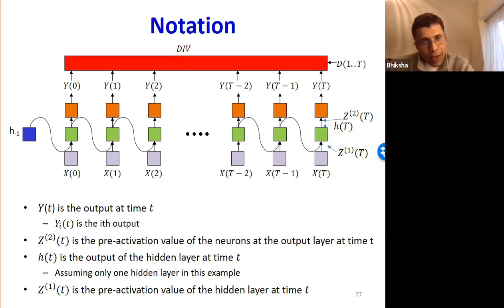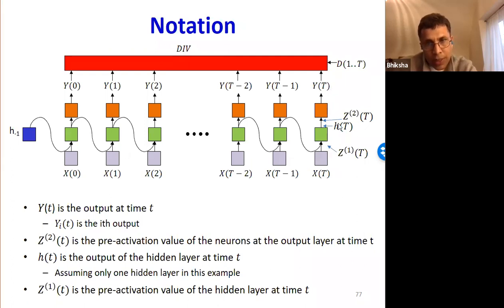At each time, as you perform the computation for each layer, here I'm going to assume just one hidden layer, but this will generalize. You first compute the affine value at the input to the layer. Then you apply the activation and compute the output of the layer. Then you compute the affine value at the input to the output layer, and then you compute the output of the output layer.